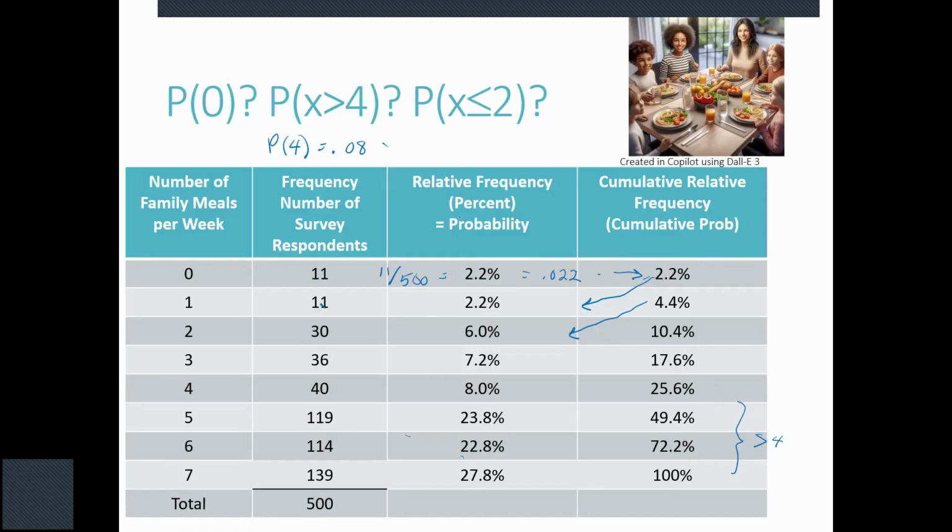Here's where your complement comes in, very handy. So the probability of x being less than or equal to 4 is 0.256. So the probability of it being greater than 4 is 1 minus 0.256 equals 0.744. I think that's right.